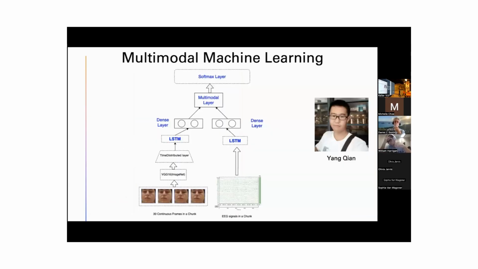And currently I have a student, Young, who is working on multimodal machine learning for affect recognition, so emotion recognition, looking at 2 data modalities, one from videos of people, so looking at their facial expressions, which is kind of a measure of people's outward appearance, as well as their brain signals, so EEG, which is more of a measure of what's going on internally.